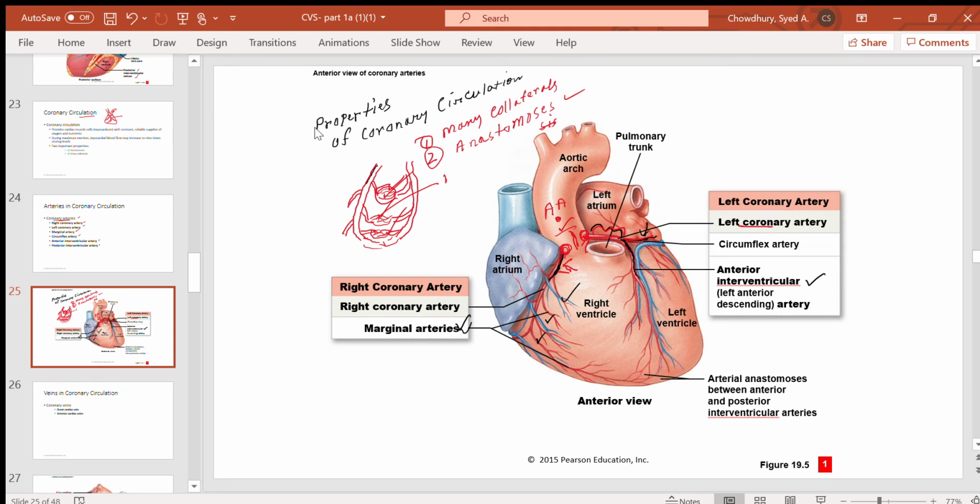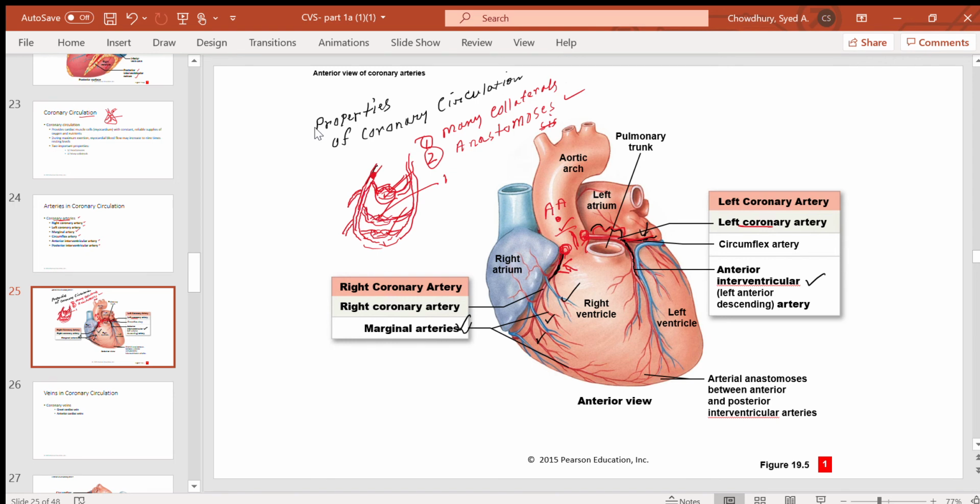Now, why? What's the significance or importance? Now see if a block occurs here in this artery. So blood will not be able to go this way, right? Will not be able to go to these branches. However, you see, blood can find alternate route this way. Through the anastomosis will go to this artery.